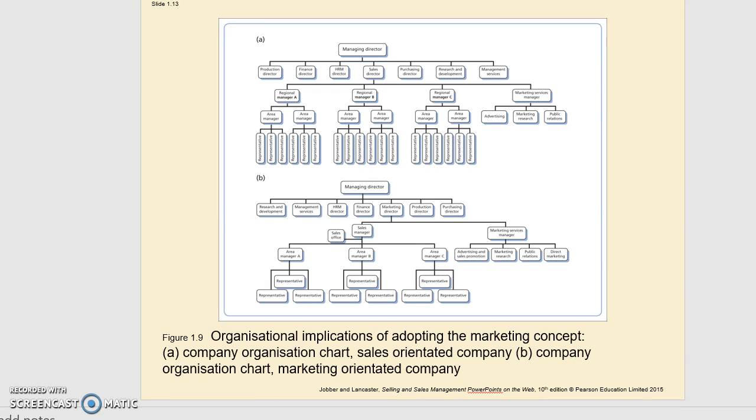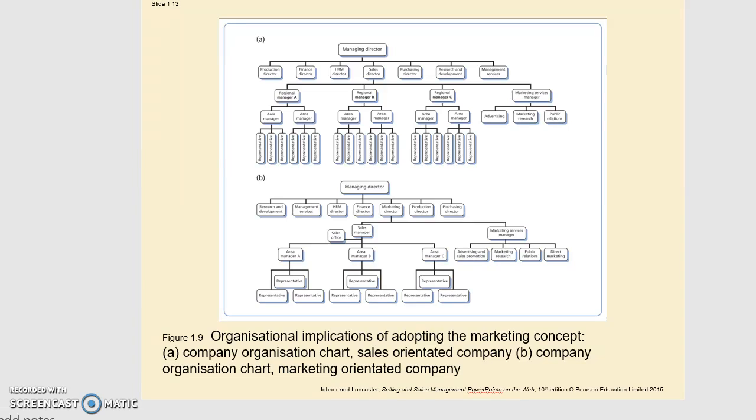The company organization chart for a marketing-oriented company is going to be a managing director getting into the research and development of the management, services, finances. Then that is split down to a sales manager with a sales office, breaking into the different areas, and then the representatives.